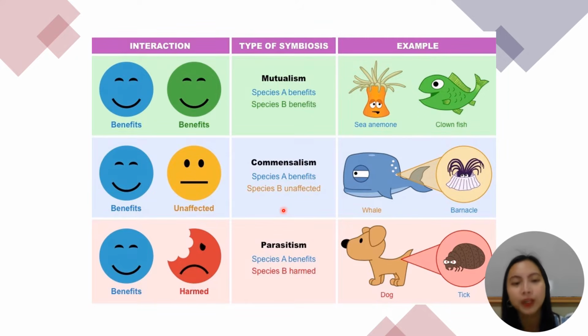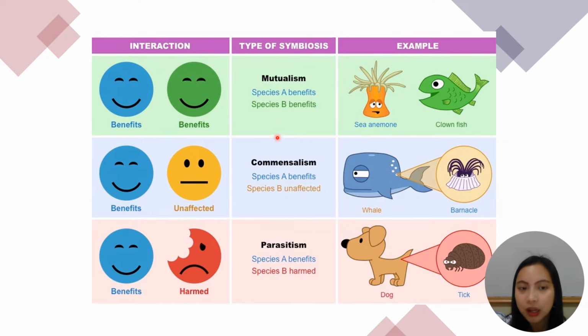But for now, if there are no problems with the host, if the host is not immunocompromised, meaning the host is healthy, then the Entamoeba coli that is situated in the digestive tract or in the intestinal lumen of the host, the host remains unharmed.